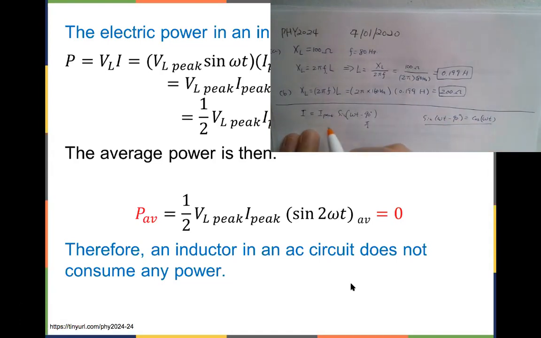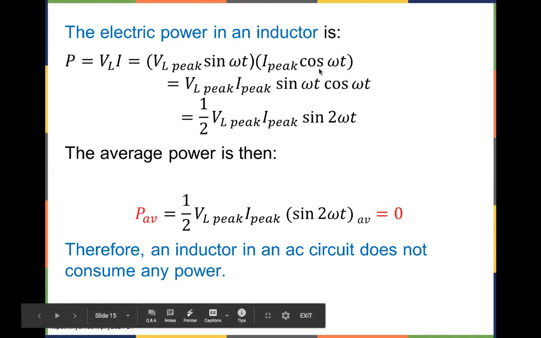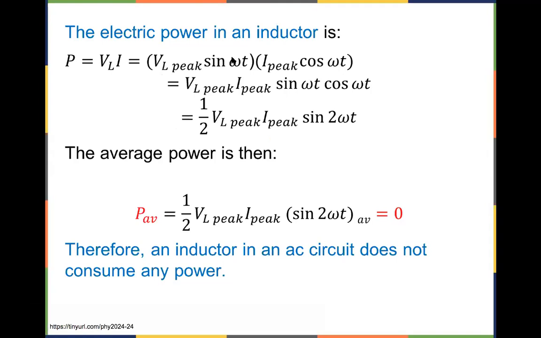So we are not writing I as a sine function, we are just writing it as a cosine function. Here we have V as a sine function, I as a cosine function. So sine omega t times cosine omega t, multiplying each other, actually will give you 1/2 of sine of twice omega t.